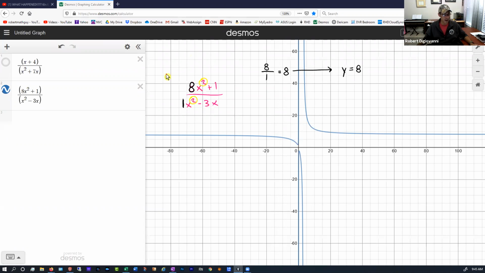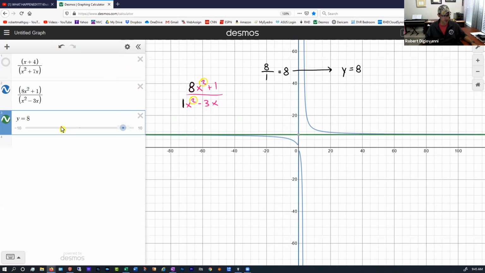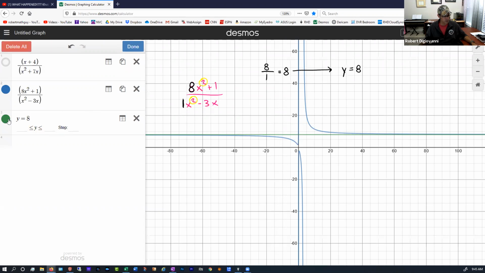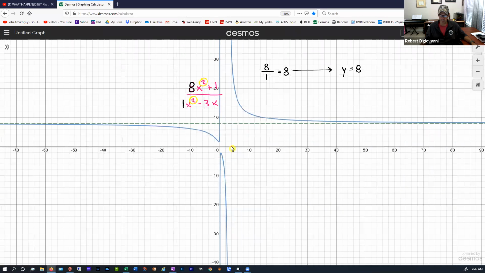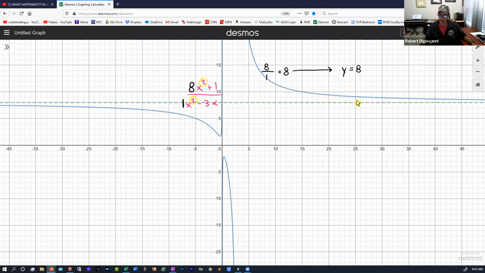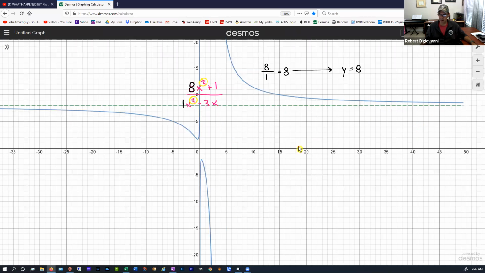So what I'm going to do is have this computer graph that line, y equals 8. Let me see if I can change that. I can change it to dash. There we go. Okay, so do you all see now that it looks like the graph is flattening out towards that dotted line?